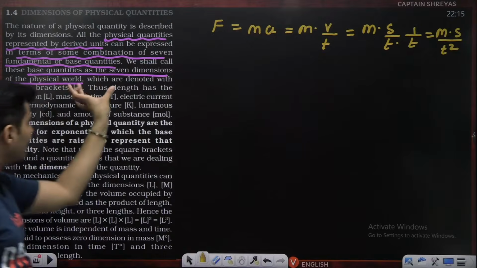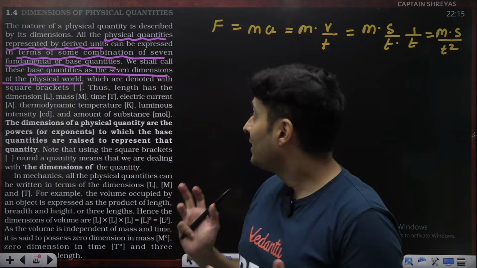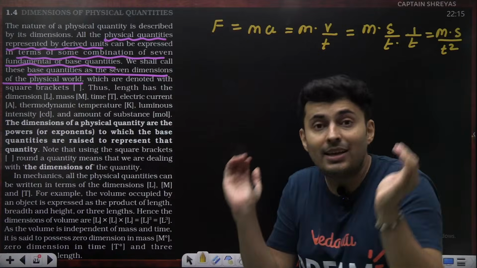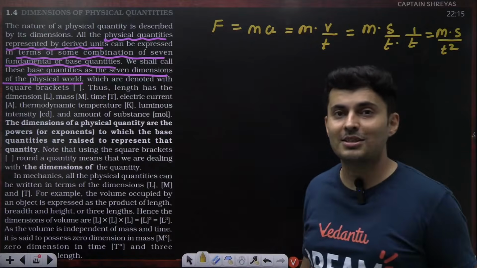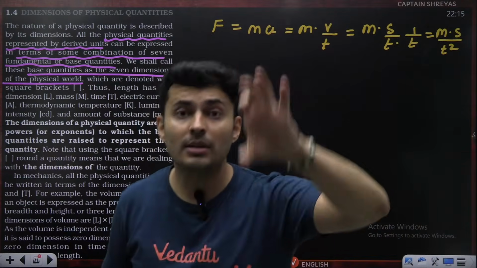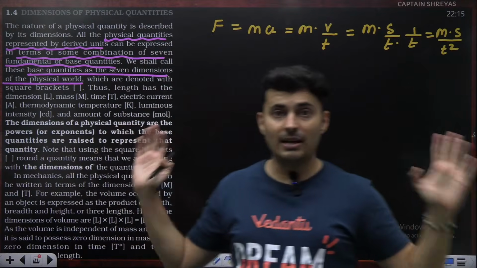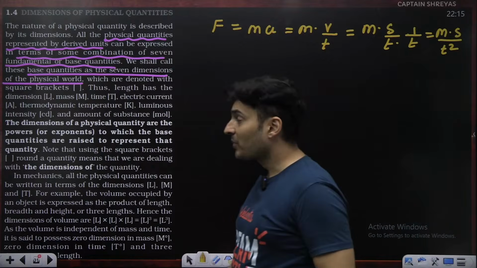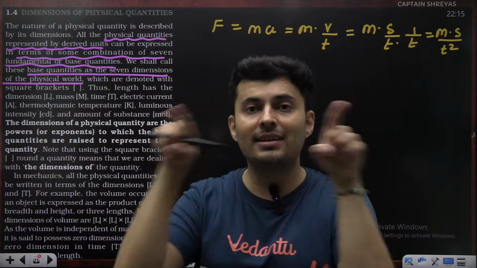Now, these base quantities, the fundamental quantities, there are 7 such quantities. So we have 7 such dimensions: mass, length, time, current, temperature, amount, luminous intensity. These 7 dimensions, we denote in square brackets with their symbol.